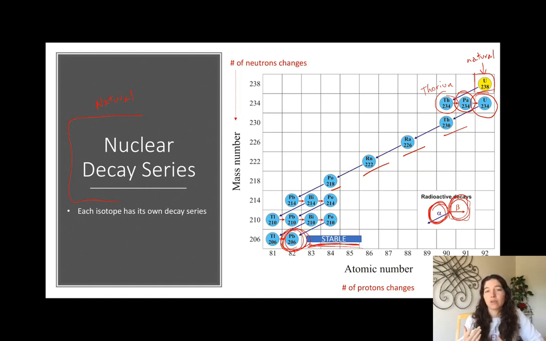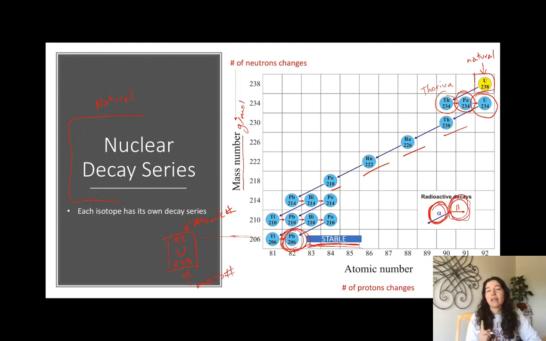Something you'll notice on this graph, though, this graph is plotting mass number, so that's grams per mole from the periodic table, versus its atomic number. The atomic number is the number of protons on the periodic table. So if we look at our, say it's a 238, and this would be 92. So this is your atomic number, and this is your mass number.